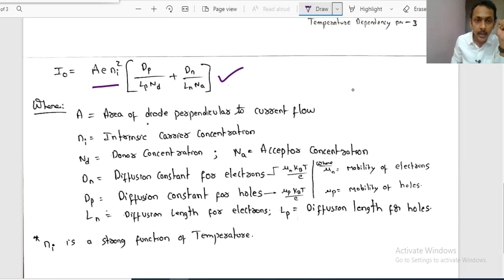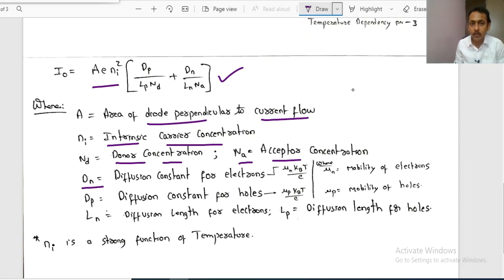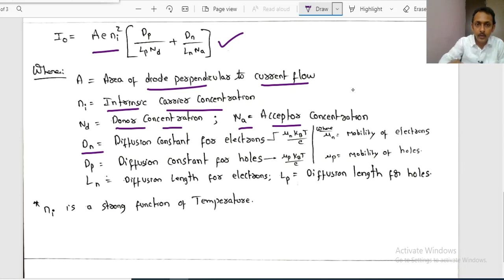A indicates the area of the diode perpendicular to the current flow, and ni indicates the intrinsic carrier concentration, Nd the donor concentration, Na the acceptor concentration. Now Dn indicates the diffusion coefficient for electrons, and its value is given by mu n kBT by e.